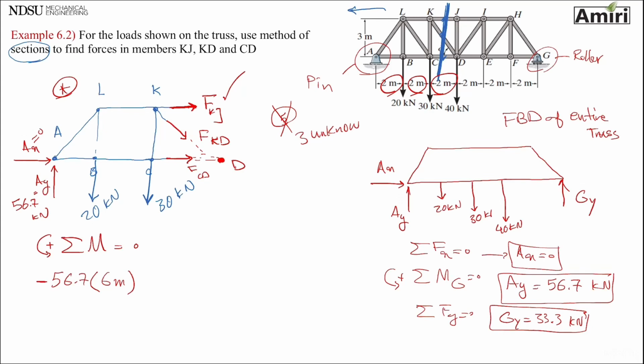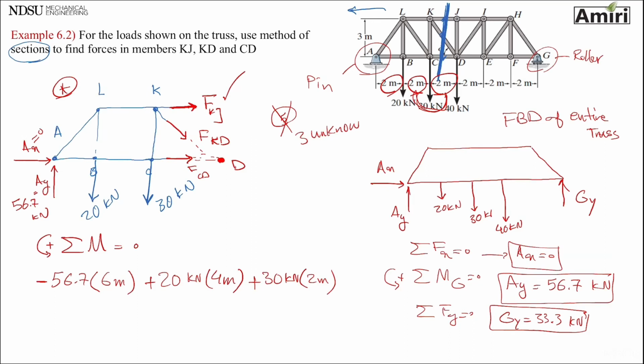The next one that I have is 20. The distance between point B and point D is these two added together, so that's 4 meters. 20 is trying to rotate this counterclockwise, so that's plus. The next force I see is 30. The distance between point C and point D is 2 meters. Same direction as the 20, so that's plus.